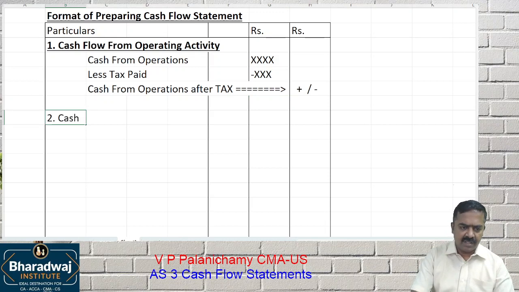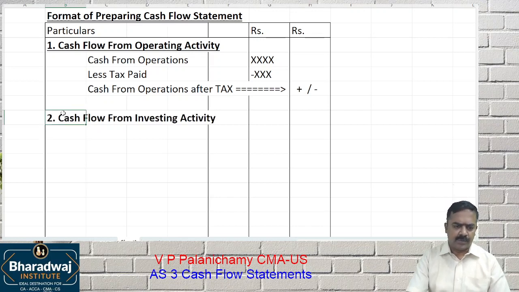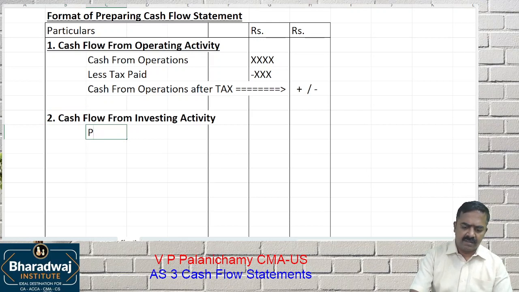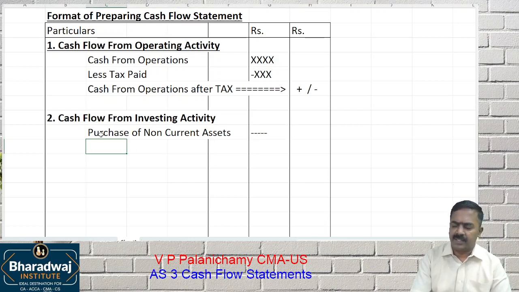Second, cash flow from investing activity, which may be purchase of non-current assets. When a non-current asset is purchased, cash outflow will take place. Then sale of non-current assets. What do you mean by non-current assets?